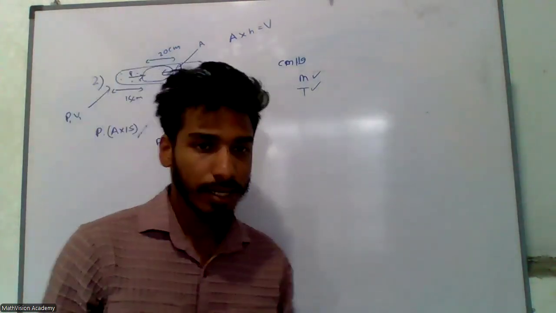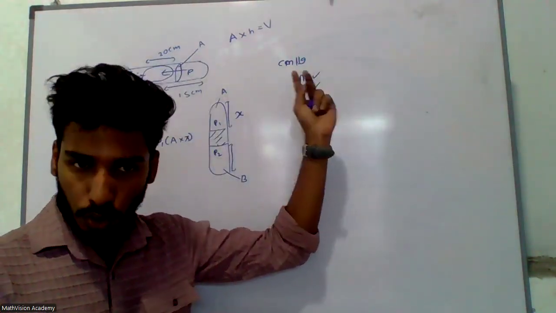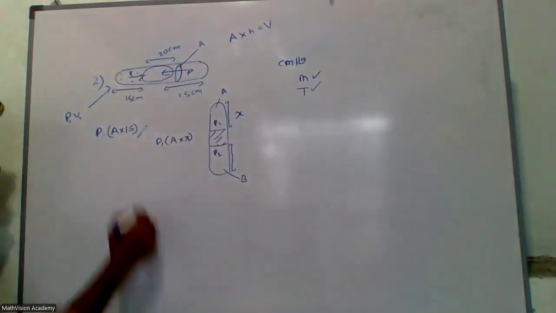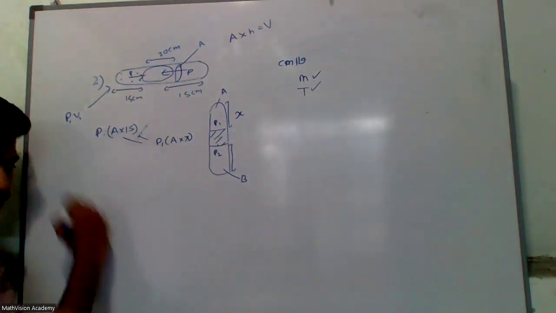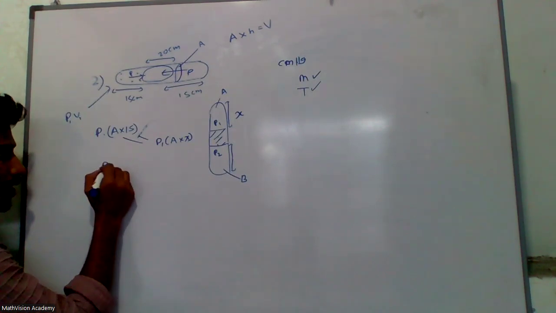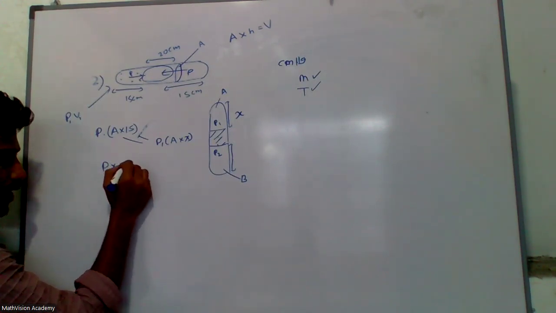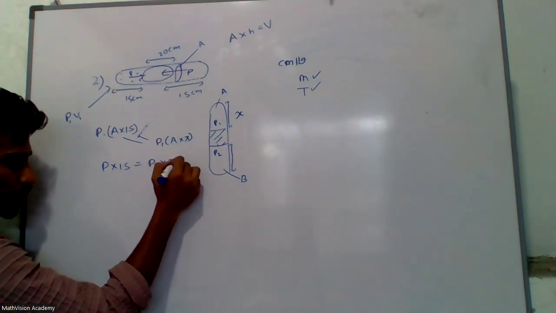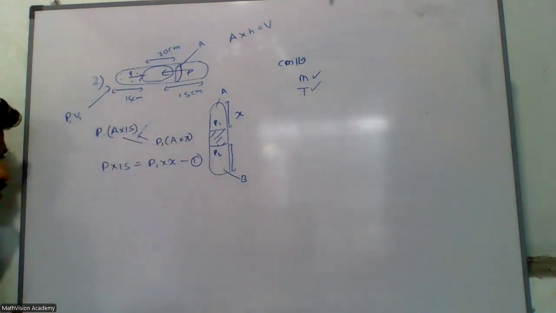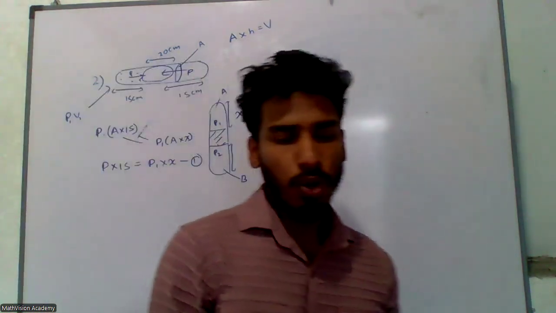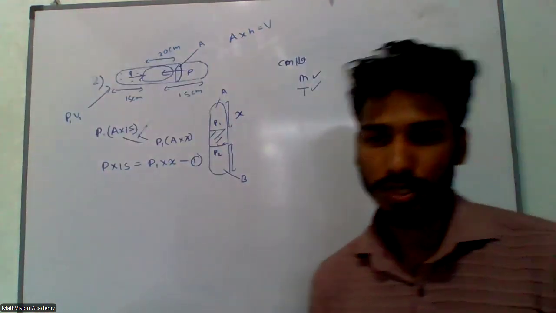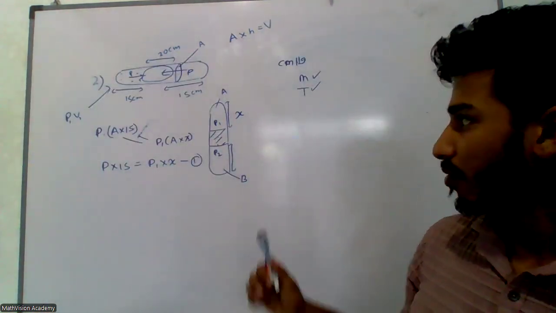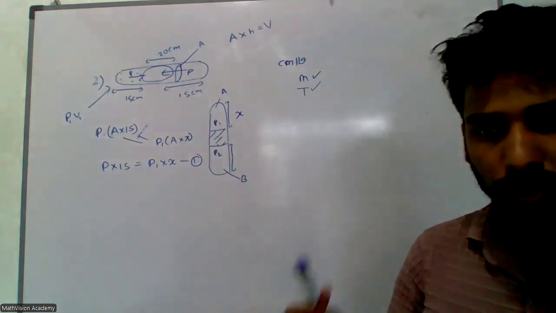Now I say the mass and the temperature is a constant. So we can equate both of them. So P into 15 is equal to P1 into X. Your first equation. Now how are we going to determine the second equation? If I want to find the second equation, how are you going to find it?